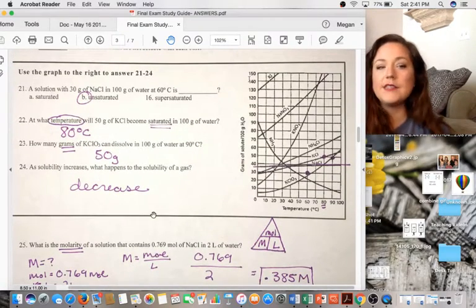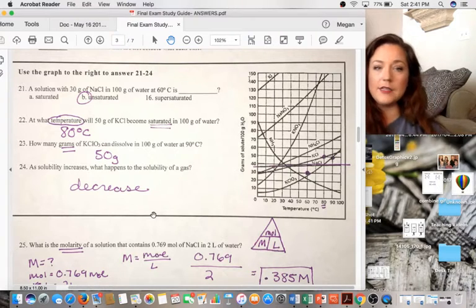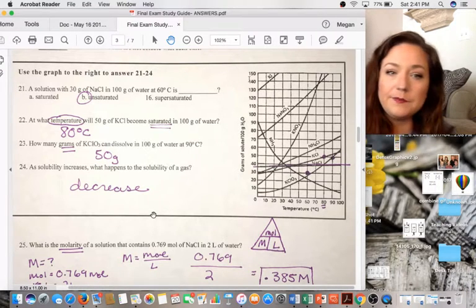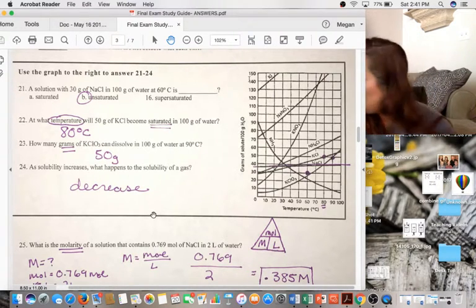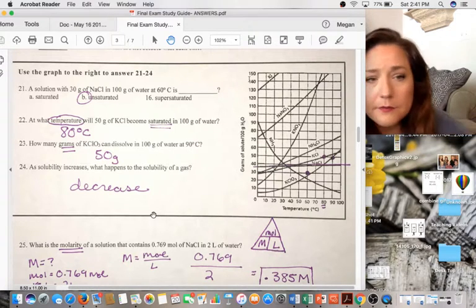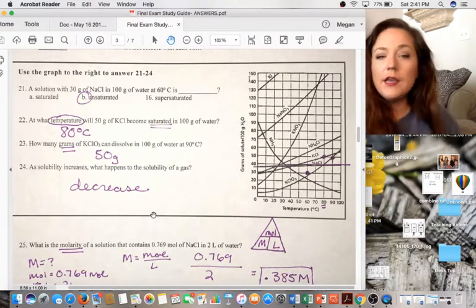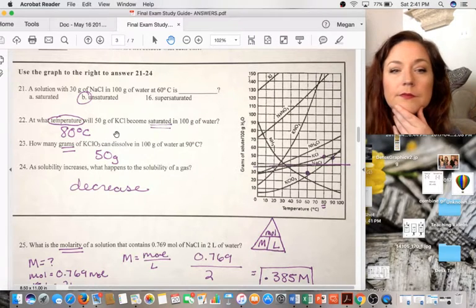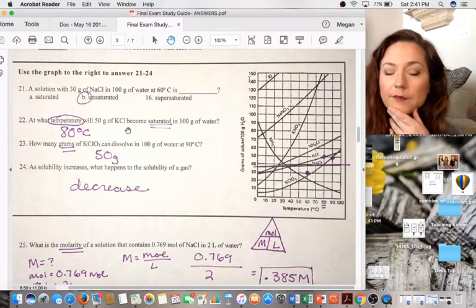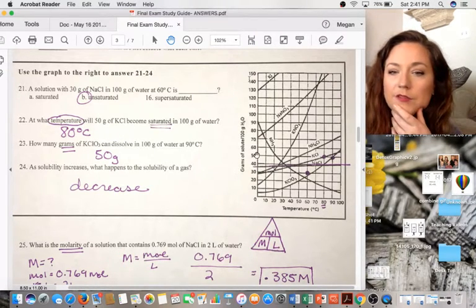22 is asking you for a temperature. They're asking you to find something saturated. So again, it's 50 grams of KCl. So 50 grams here, and I find where it intersects my KCl line.